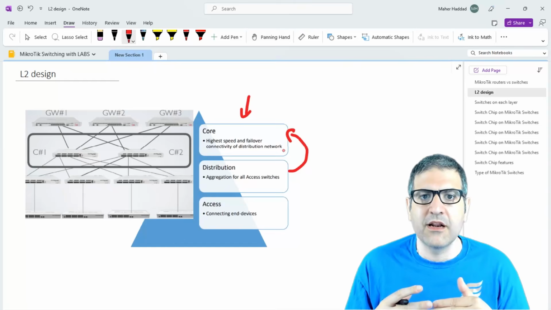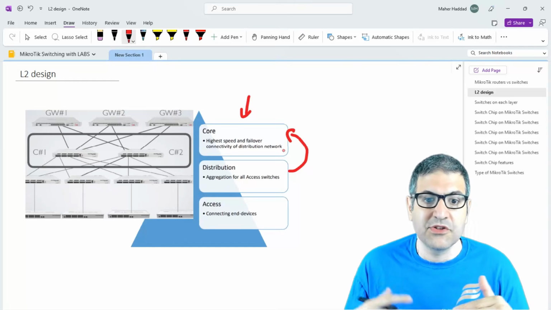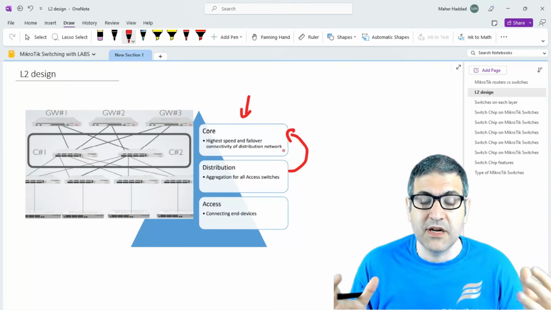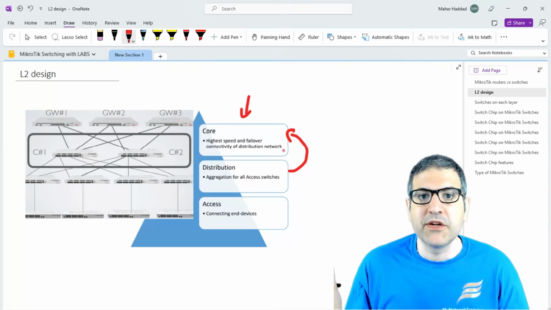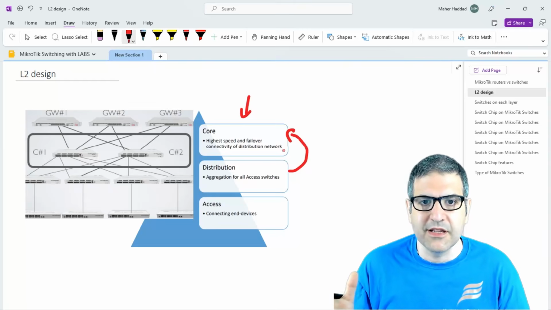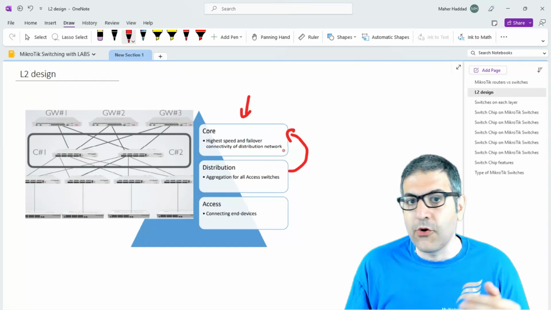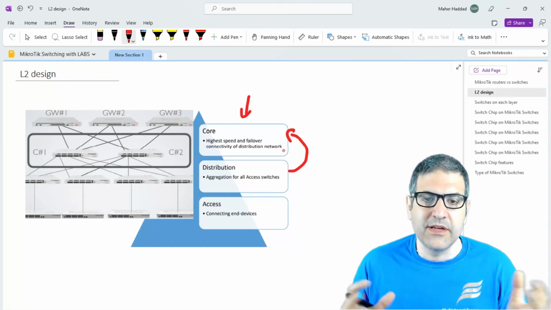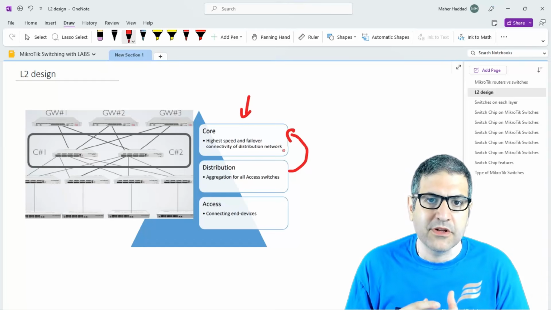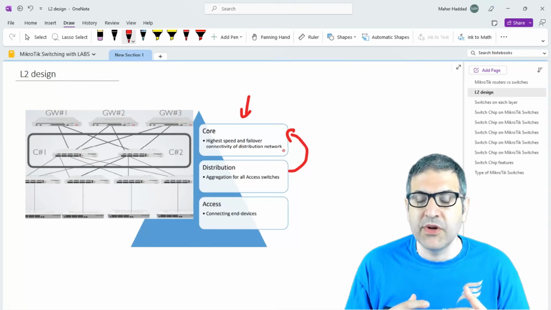There are a lot of companies that don't even have the access, distribution, and core layers, because those are small companies. They just have one switch or 2 switches in their network, and that's it. So this switch is doing all the 3 layers. So yeah, it's based on the company size, based on how much traffic you have, based on what design you want to do.